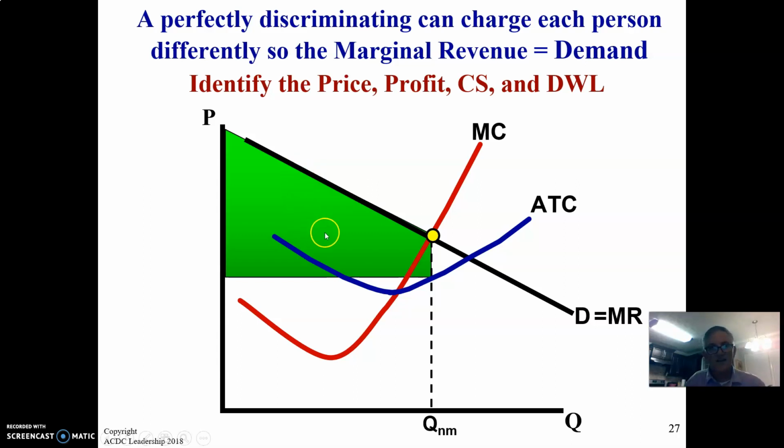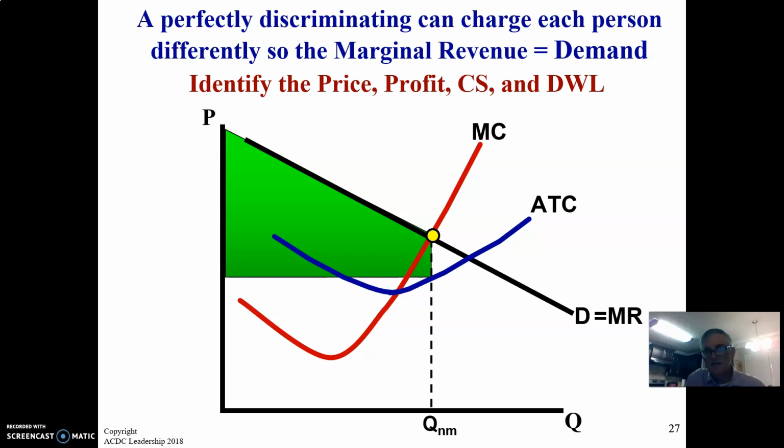Because all of these different quantities have a different price. And so the profit will be seen anywhere above the ATC all the way up to the price, right? Because if my total cost is $5 and I can sell it for 11, I'm making 6. If my total cost is $5 and I can sell it for 10, then I'm making 5. Okay.